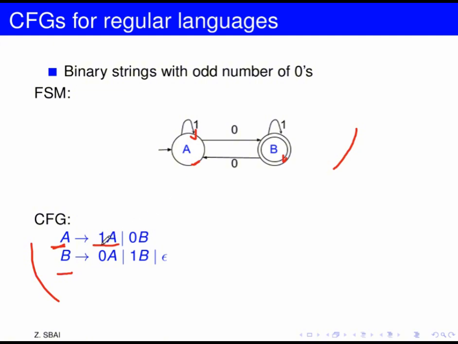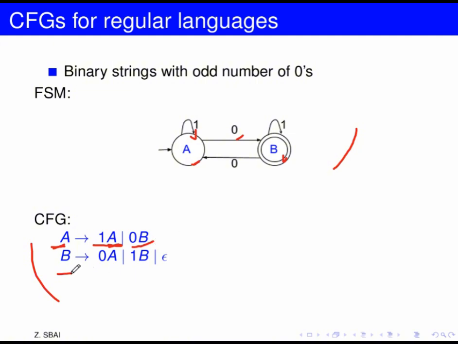If we see in the input 1, we will go again to the symbol A. If we see 0, we will go to the state B. So here again, if we see 0 from A, this A will be substituted by 0B.